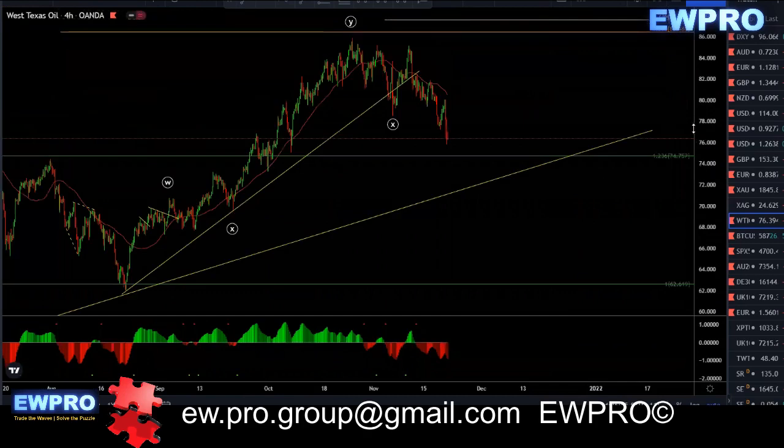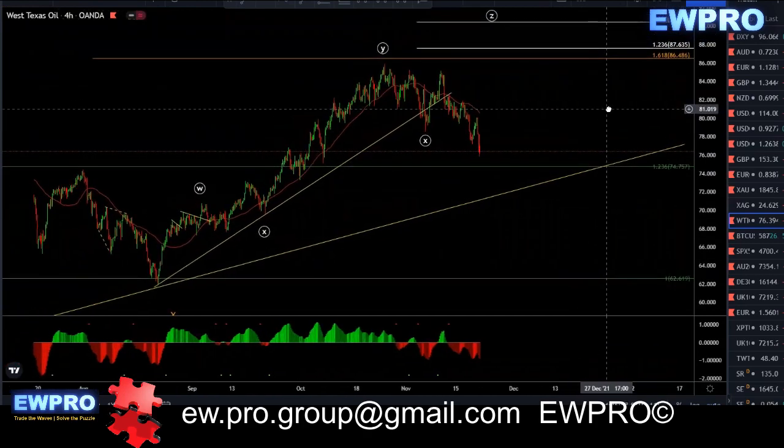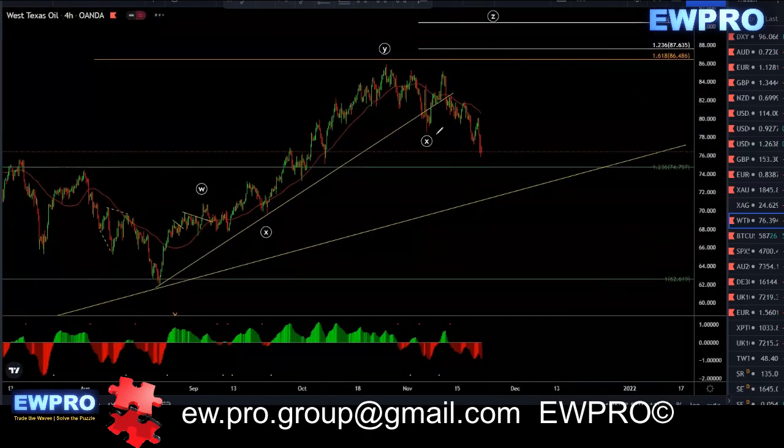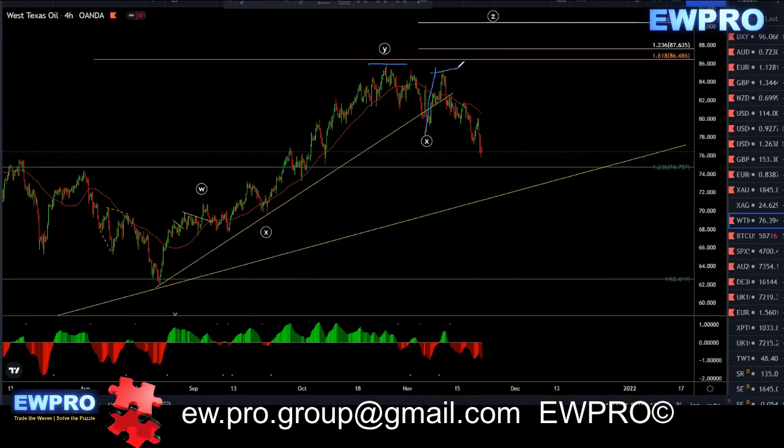On the H4, we're looking at that possible Z up here, but it never broke the top, like I said the last couple of weeks. And we had that bear hidden here to go and break that low, like I said last week. So more than likely this will go and break that low.